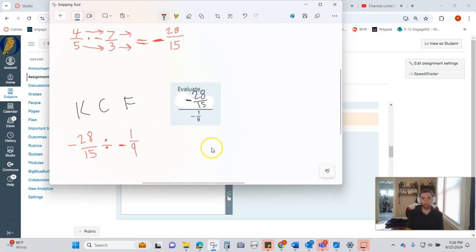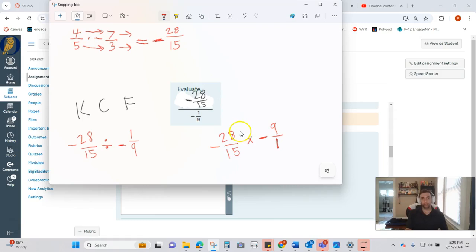So we keep the first fraction exactly how it is. Then we change the divide sign to a multiply sign. Then we flip the last fraction, 9 on top of 1.